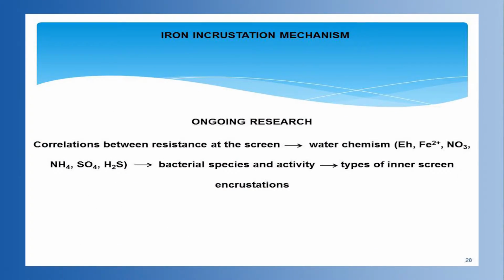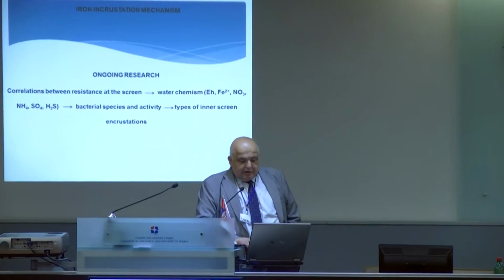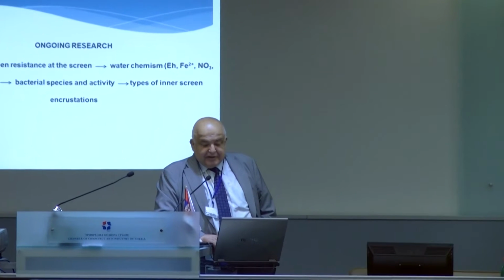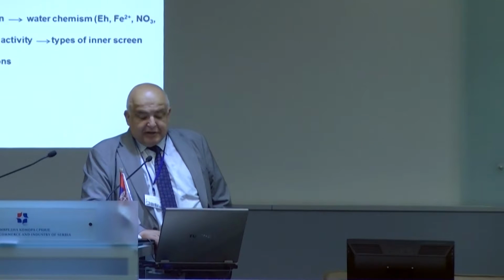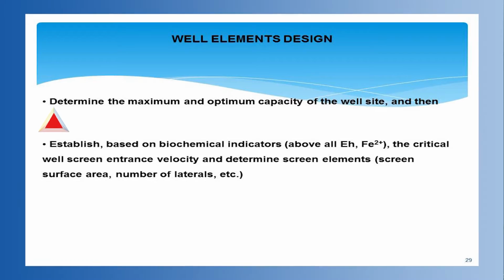And what is the ongoing research? Correlation between the resistance of the screen, water chemistry, bacterial species, their activities, and types of inner screen incrustations. And how to design the well? First, we have to design the proper discharge of the well, which means the potential of the location.